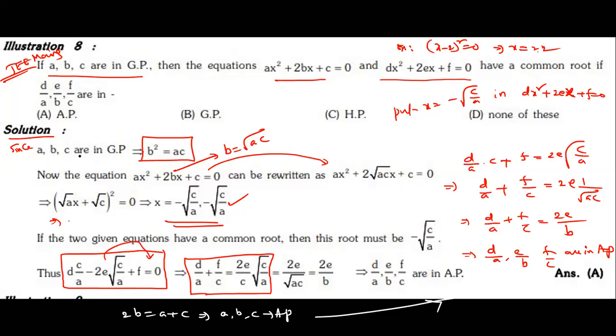So once again I'm repeating. a, b, c are in GP means b square is equal to ac. So in the first equation, in the place of b, we are replacing it, that is 2 root ac written. So this one you can write as (root a x plus root c) whole square is equal to 0. What are the roots? Root c by a, repeated. So put this value. Why? Because both equations have a common root. That is the answer.